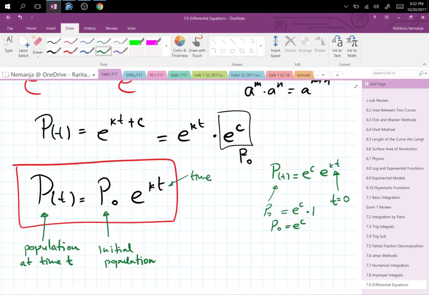Now, if you really think about this, you see this model is capturing the essence of population change. It's not perfect, we'll see that, but it has the necessary ingredients.